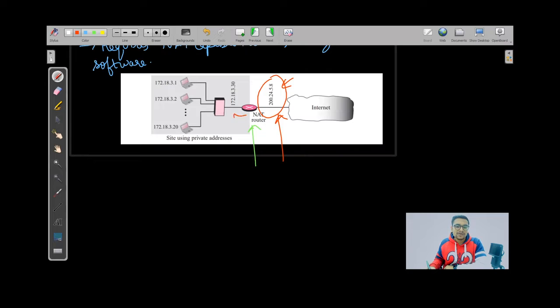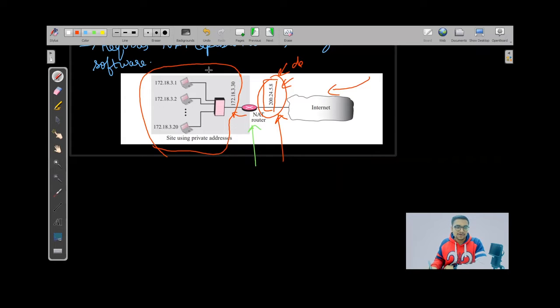Inside that router, we have assigned a set of IP addresses, which will not be visible to the internet. If a packet is coming from the internet, it will only look at the destination IP address, this particular address. It does not know about all of the other IP addresses connected inside that private network.